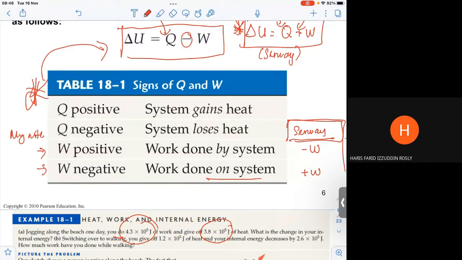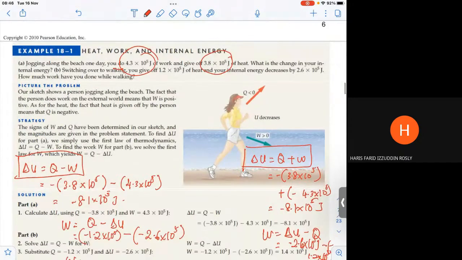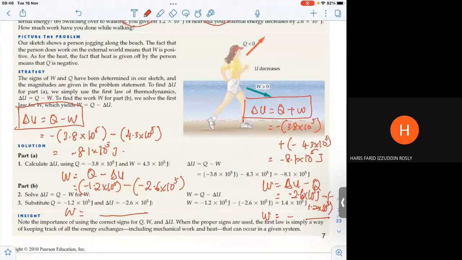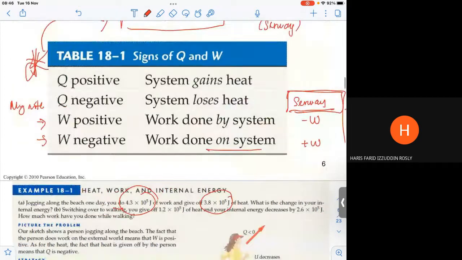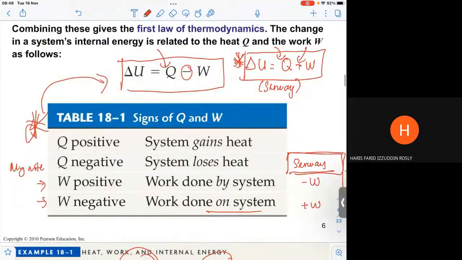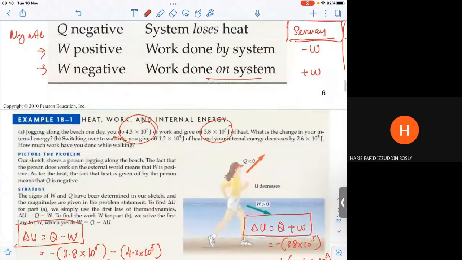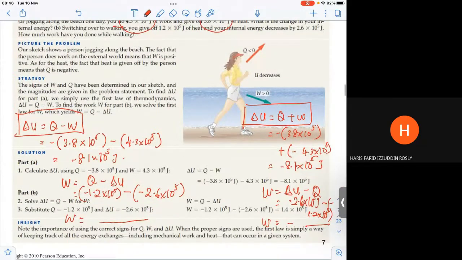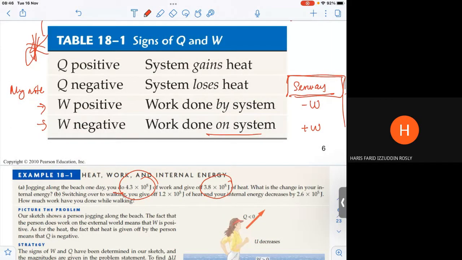But for the Serway textbook, they get a positive value, or reversed: W positive means the work done by the system. For Q minus W, and at Serway you get a negative value, that means the work is also done by the system.